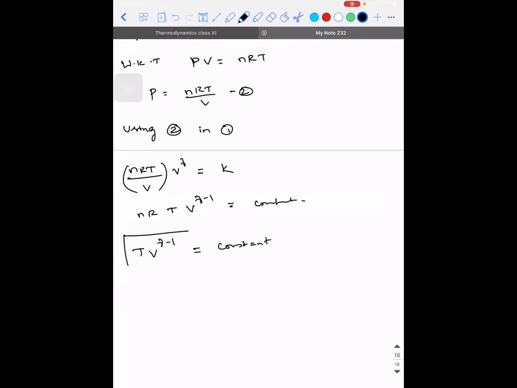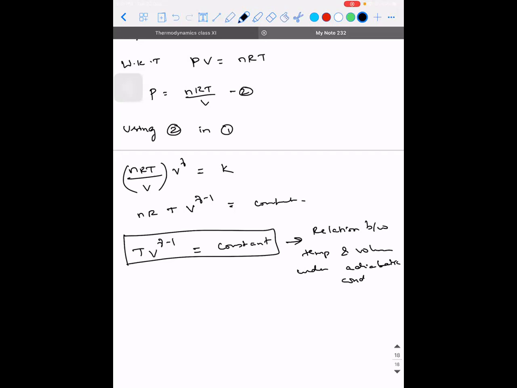This is another relation, I will call it the relation between temperature and volume under adiabatic condition. Similarly, can you find out the relation between pressure and temperature for adiabatic process?